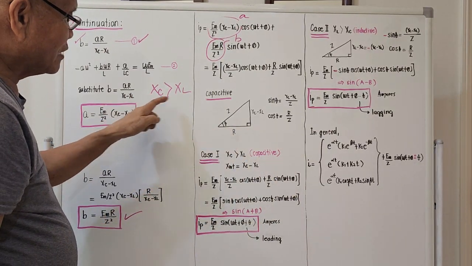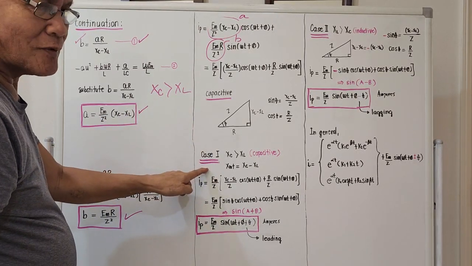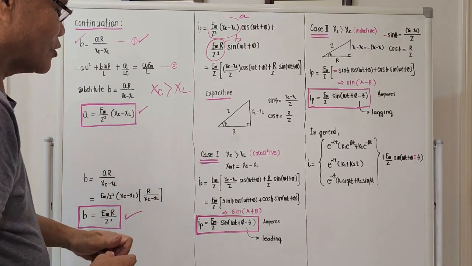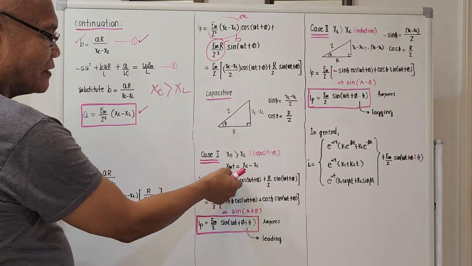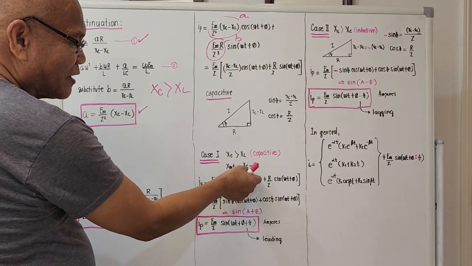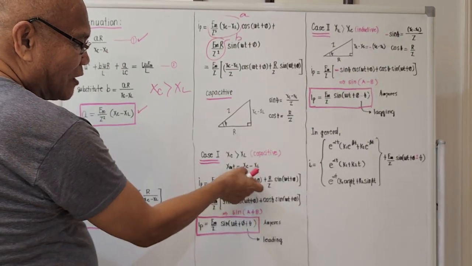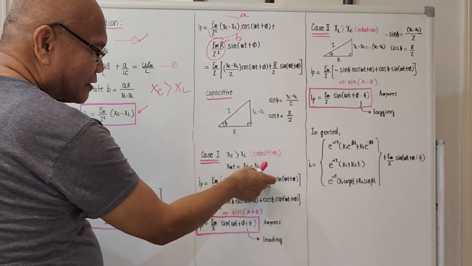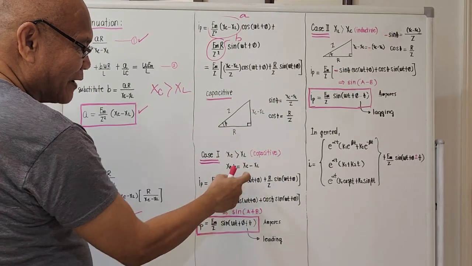So X_C greater than X_L falls under case number one. Under case number one, the net reactance of the circuit will be the difference of the capacitive minus the inductive. The capacitive reactance is greater than the inductive reactance, so the net reactance will be X_C minus X_L.